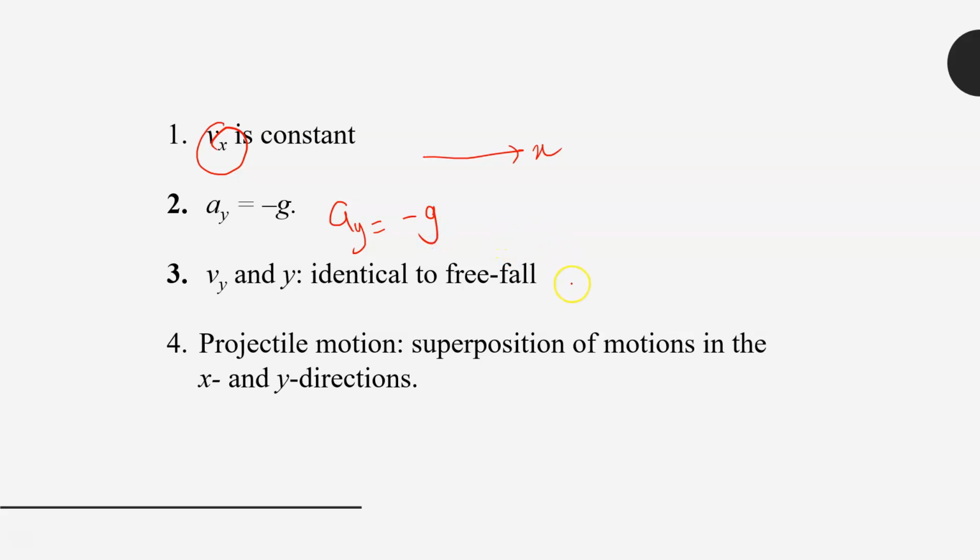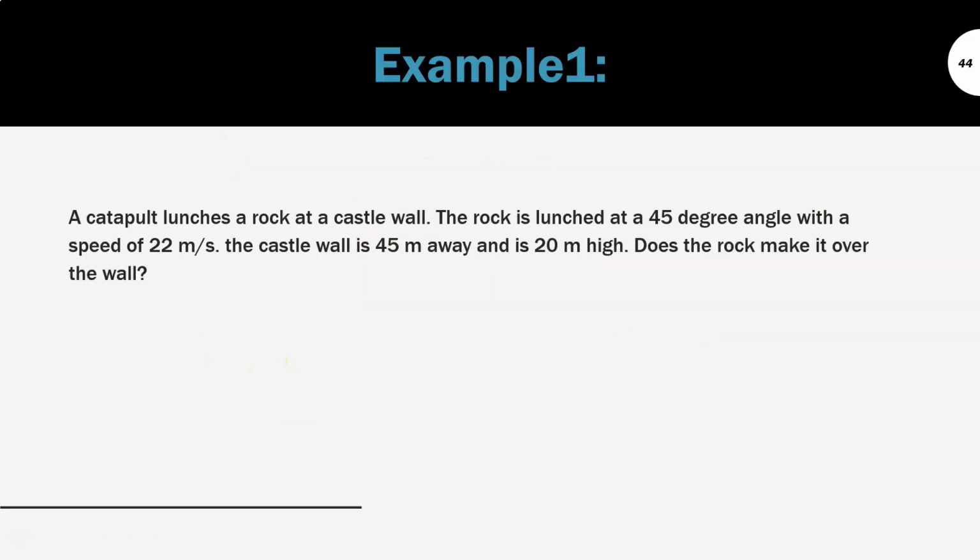The third one, the vertical component of the velocity and the distance in the y direction are identical to those of a free falling body. Last but not least, projectile motion can be described as a superposition of 2 independent motions in the x and y directions. Now, here is an example for you to try on your own first.